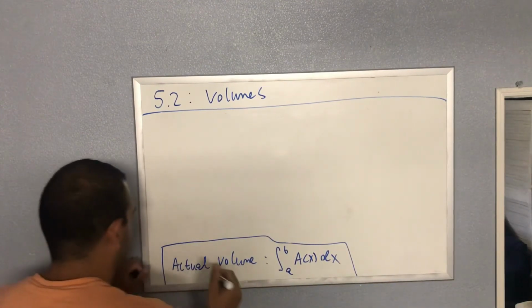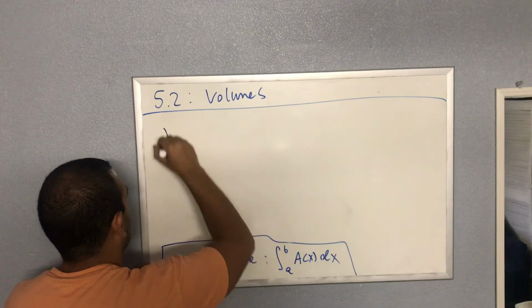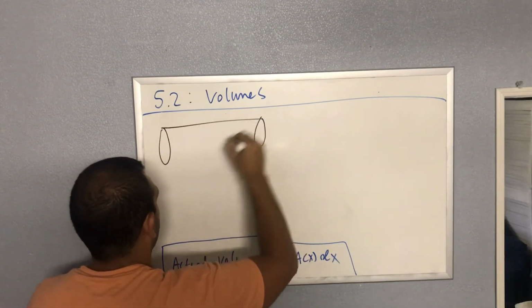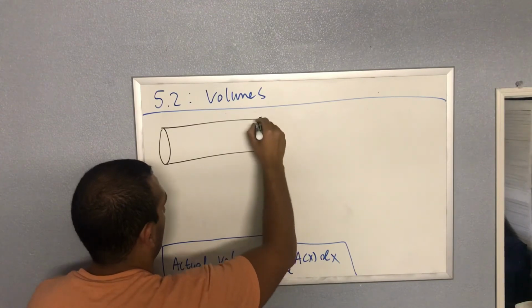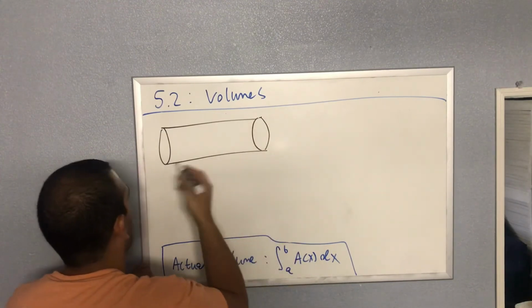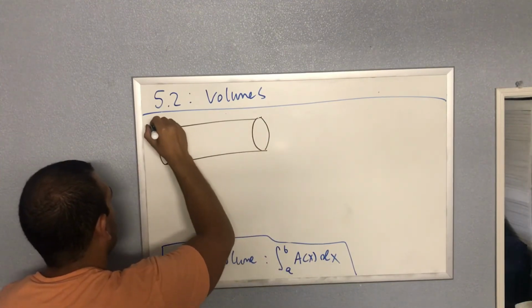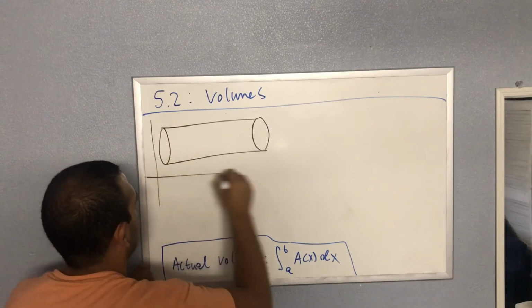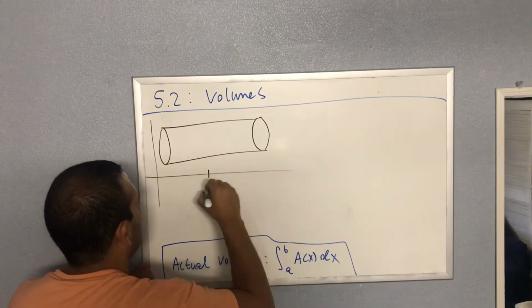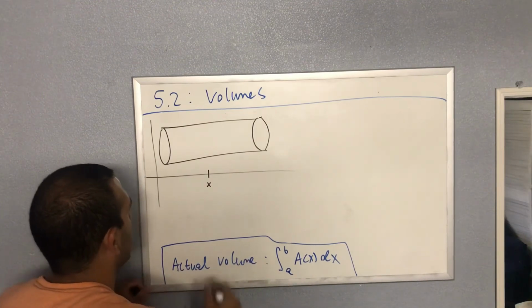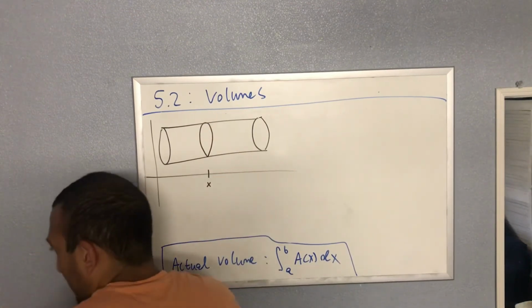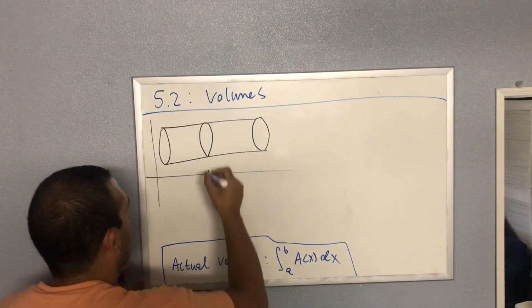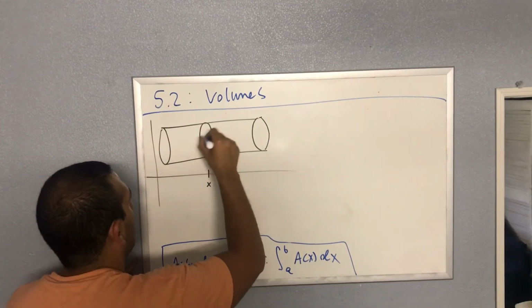If we take the cylinder here, again, you can put this on some coordinate axis, and let's say you call this x. What is the area of the cross section?